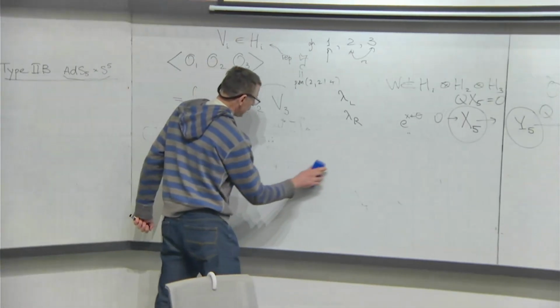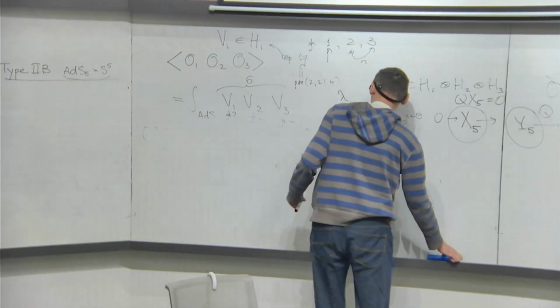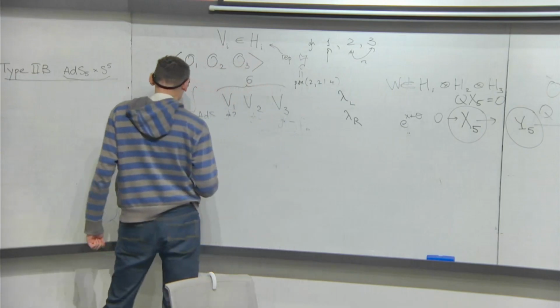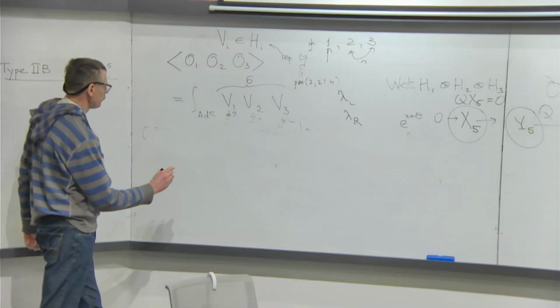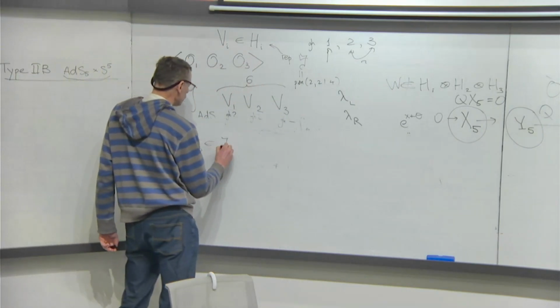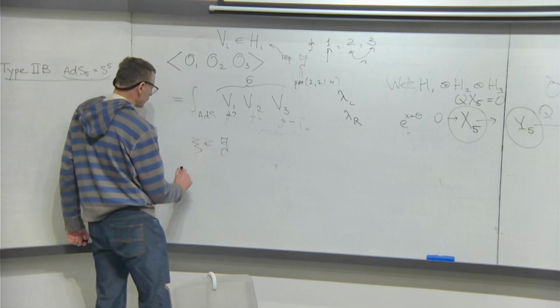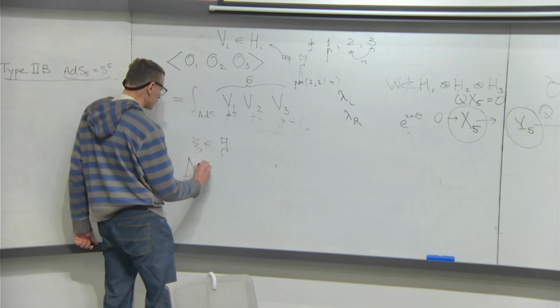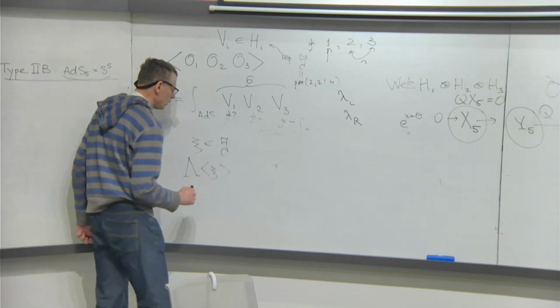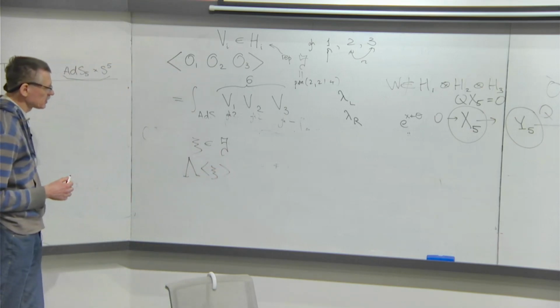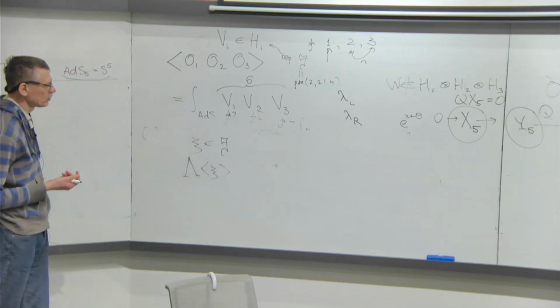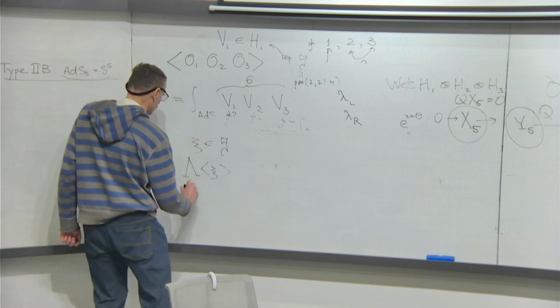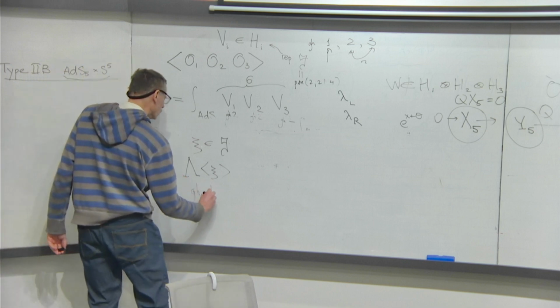For each conserved current, so for each element of G, there corresponds a ghost number 1 vertex operator, which I call lambda of psi. It corresponds to that because global symmetries correspond to cohomology of ghost number 1. So this has ghost number 1.